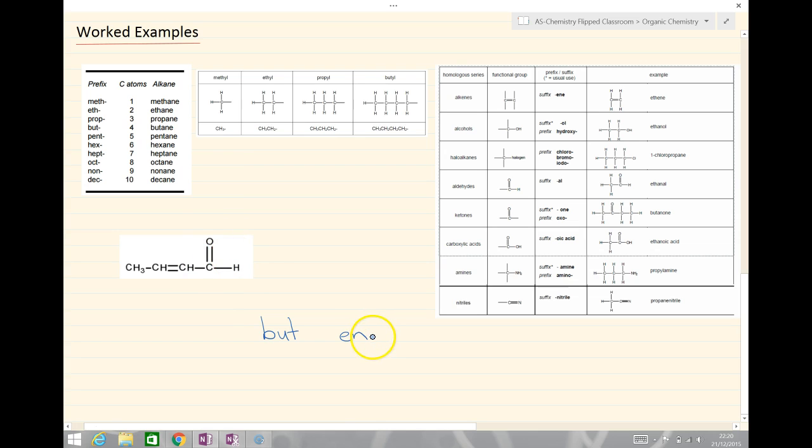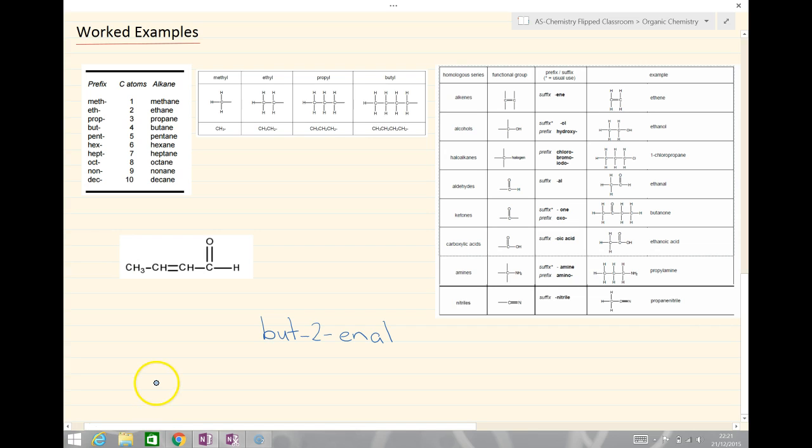So we're now enal. Now the aldehyde ending always comes at the end of a chain, so we don't need to give that a position. But that defines where our carbon-carbon double bond is, so we're now at 1, 2, so we're but-2-enal now. Could have been on the next carbon, which would mean but-3-enal now.